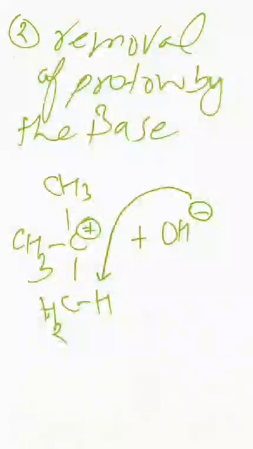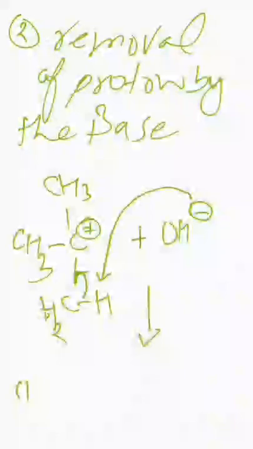So what happens in this step? The base gets the proton removed from the beta carbon, so it leads to formation of a carbon-carbon double bond. These electrons will be used in the formation of the carbon-carbon double bond.